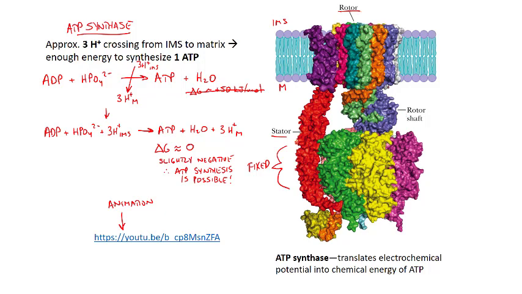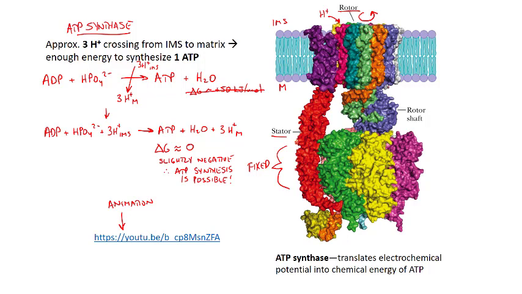And so this is a complex of different proteins. The rotor actually rotates. And what causes the rotor to rotate is binding of protons at certain exposed amino acid side chains. So it simply protonates certain side chains, and that creates a repulsion that causes this whole thing to rotate.